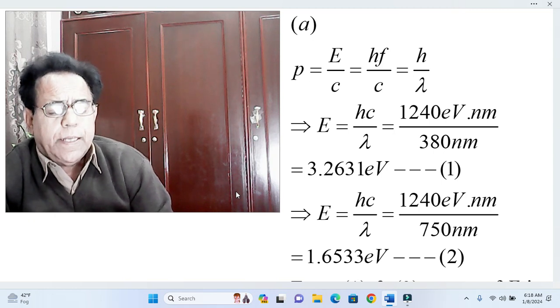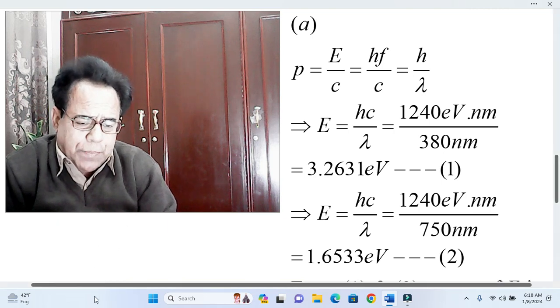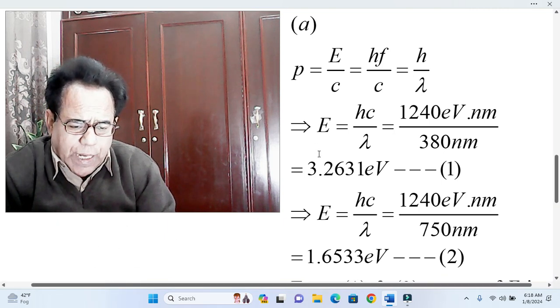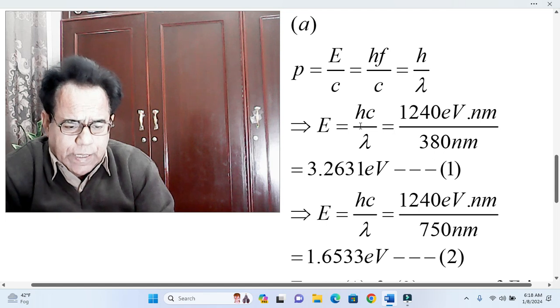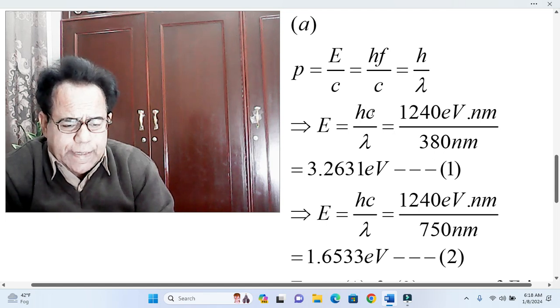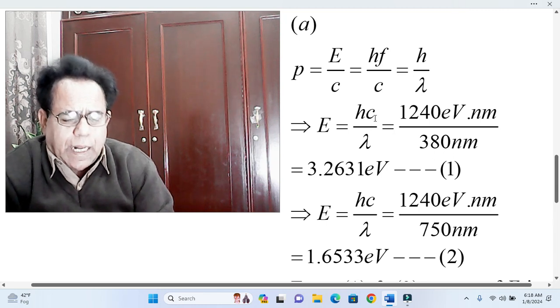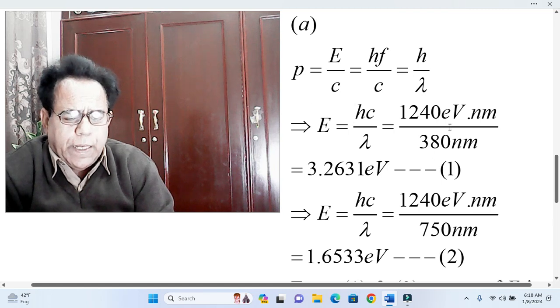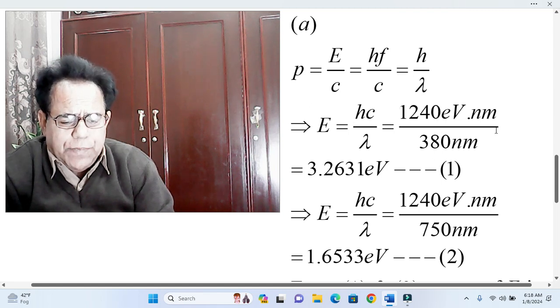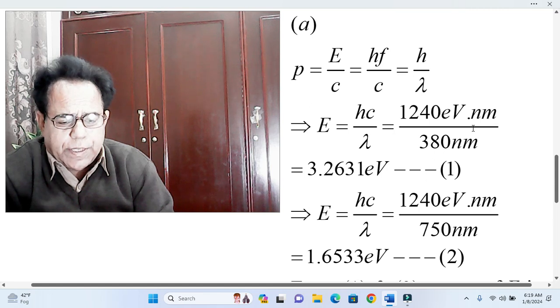Separate values of h and c are given, and the combined value of hc is also given in that table. From that table we have taken this combined value of hc, which is equal to 1240 electron volt into nanometer.